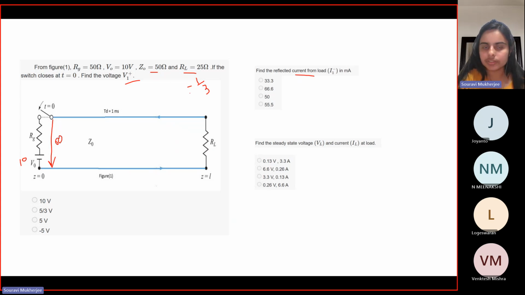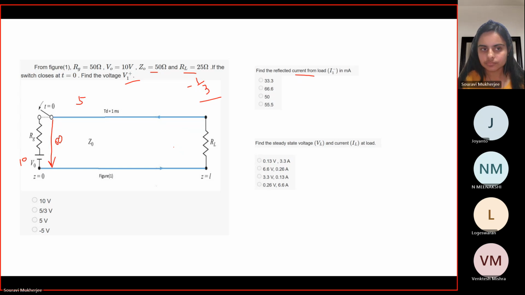Now that you know the reflection coefficient, and your incident voltage is 5, can you tell me the amplitude of the reflected voltage?